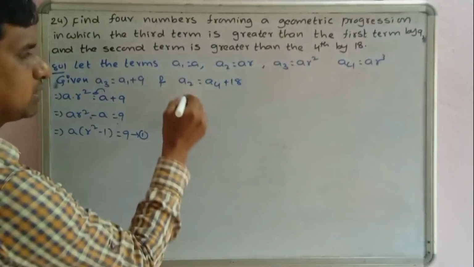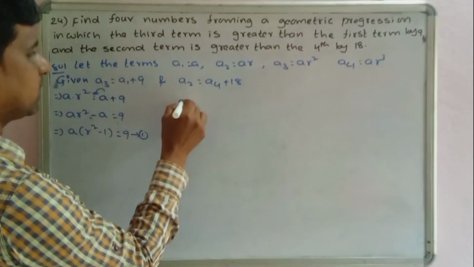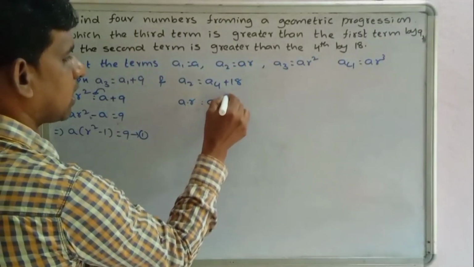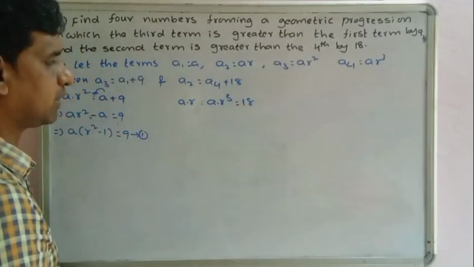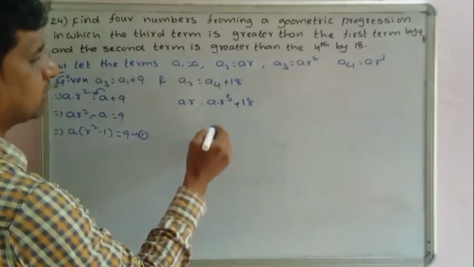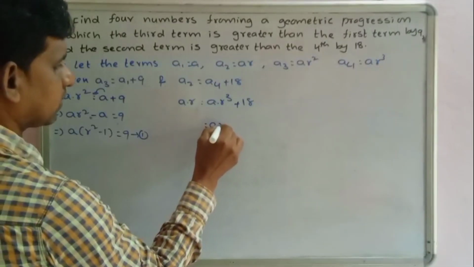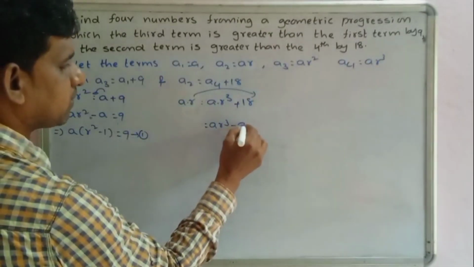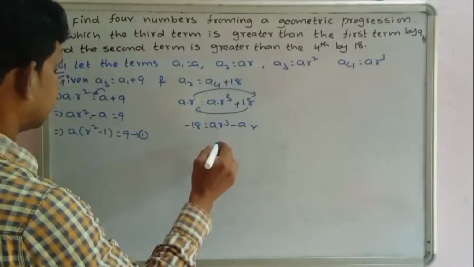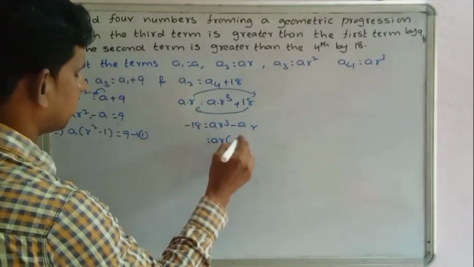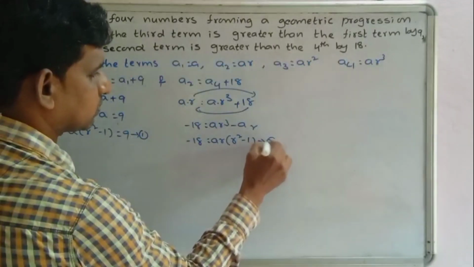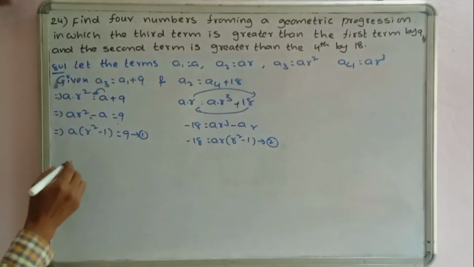So what is the value of a2? a times r. a4 is a times r cube, so ar equals ar cube plus 18. Transposing ar cube to the right side, minus ar, and 18 to the left side, minus 18. Here also take ar as common: ar times (r square minus 1) equals minus 18. Say it is 2. Divide 2 by 1.